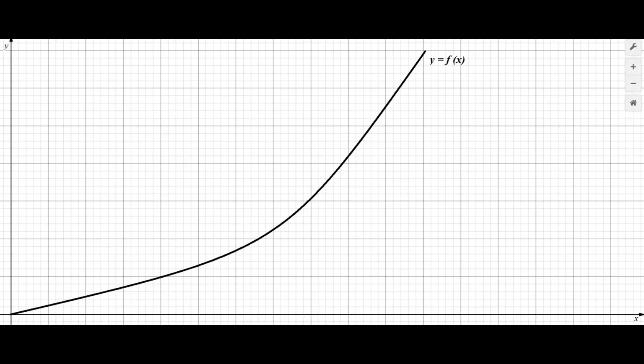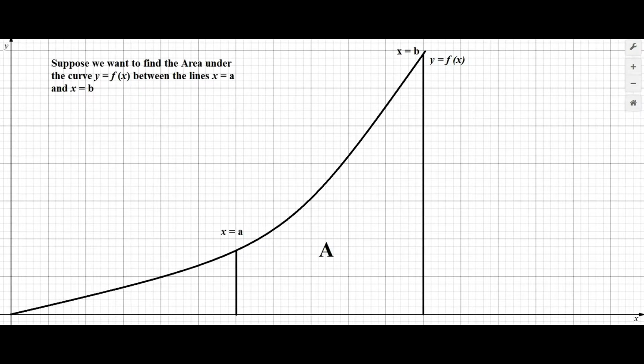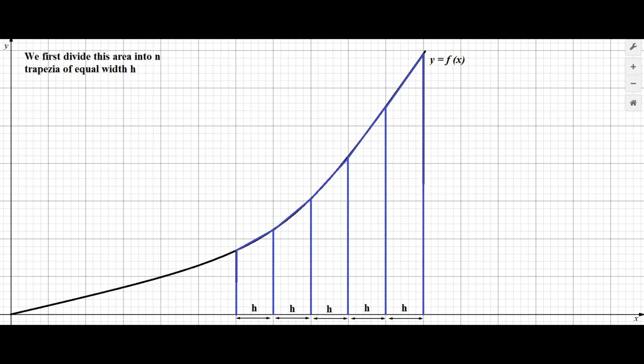Supposing we have the curve y equals f of x, and in the next screenshot, supposing I wanted to work out the area under the curve y equals f of x between two lines with equations x equals a and x equals b. So we're going to work out the area capital A between the two lines and below the curve.